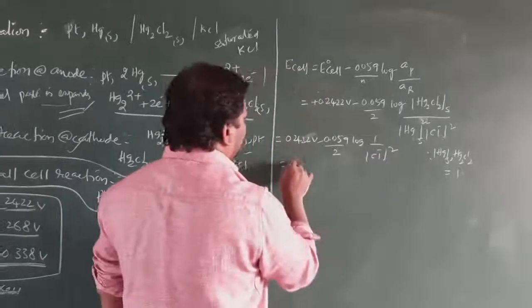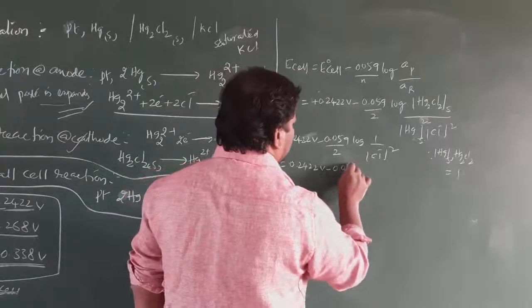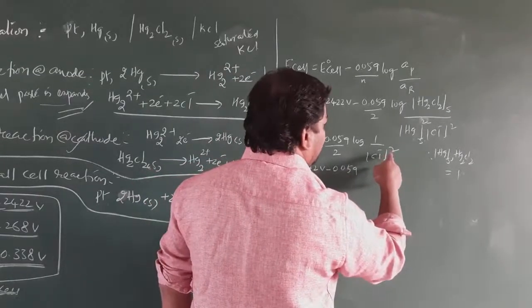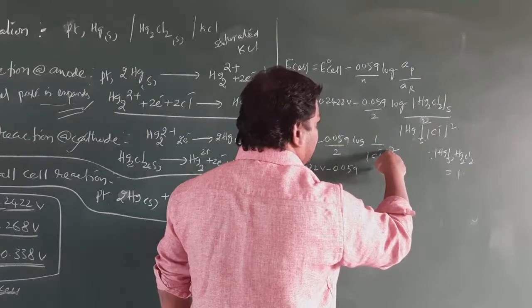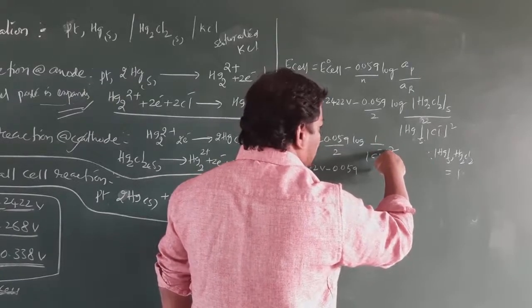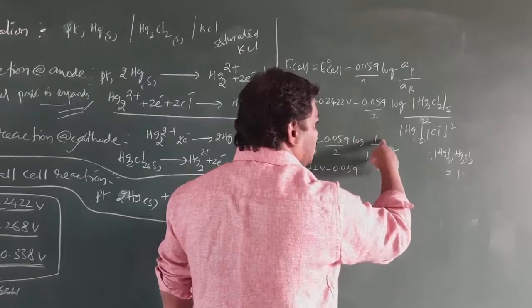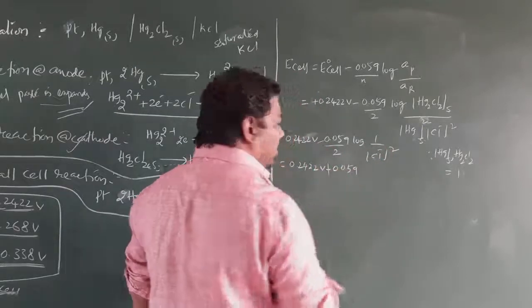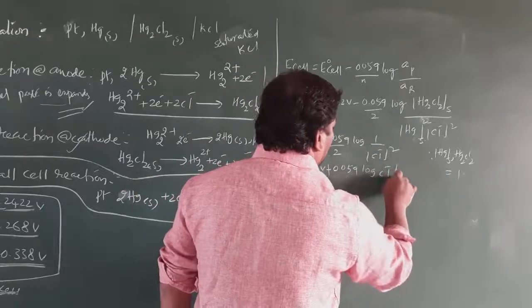Then it is equal to 0.2422 volts minus 0.059 into log Cl minus, which moves in this direction, so it becomes minus 2. Minus into minus, using the log a to the power of x formula, minus 2 into log Cl minus, minus into minus becomes plus. The 2 gets cancelled, then it is equal to log Cl minus.